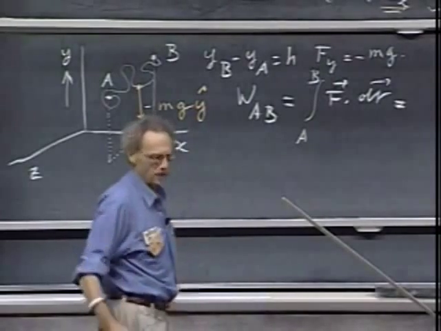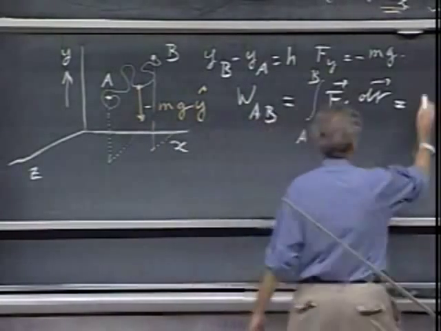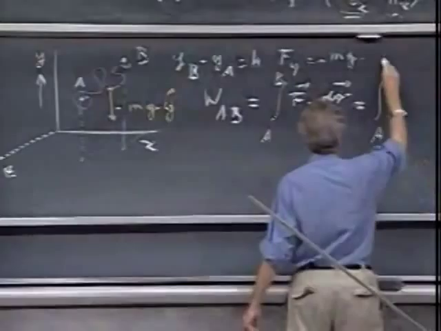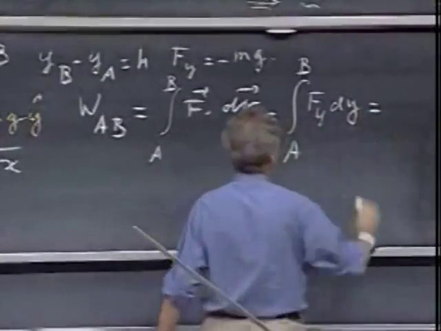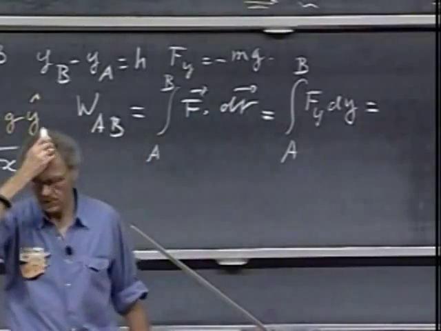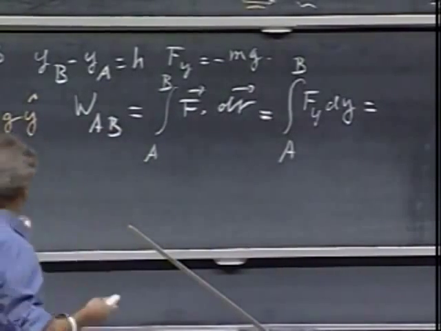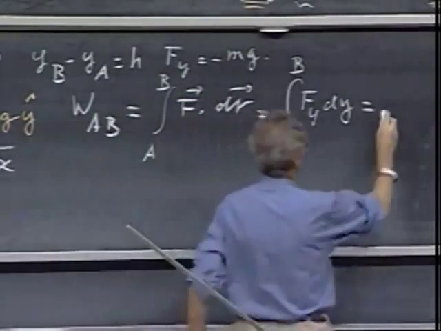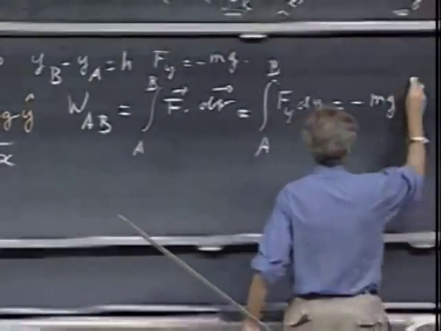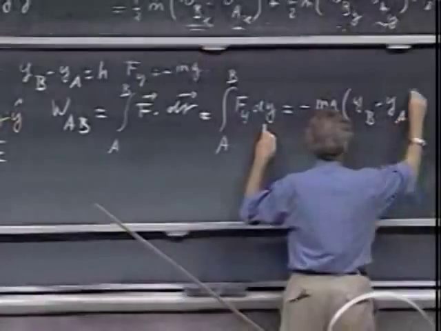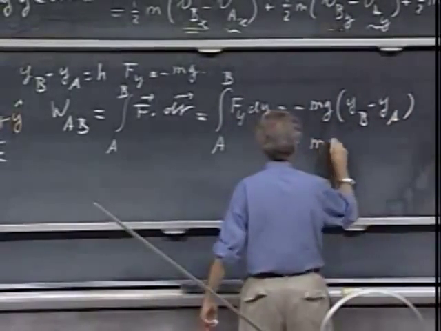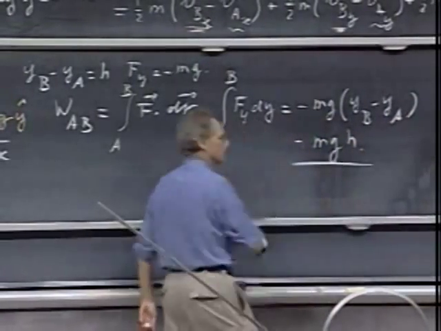The other terms have nothing in it. So it is the integral in going from a to b of fy dy. And that equals minus mg, because we have the minus mg, times y of b minus y of a, so that is minus mg times h.